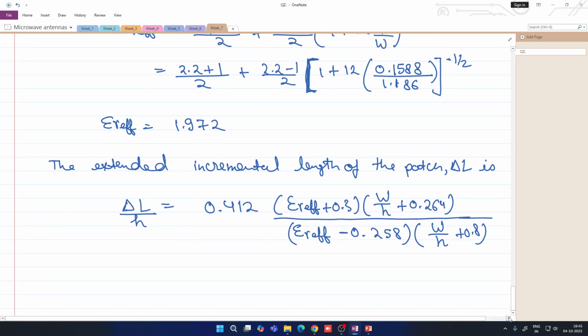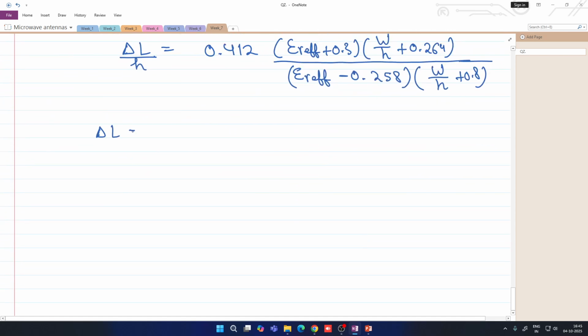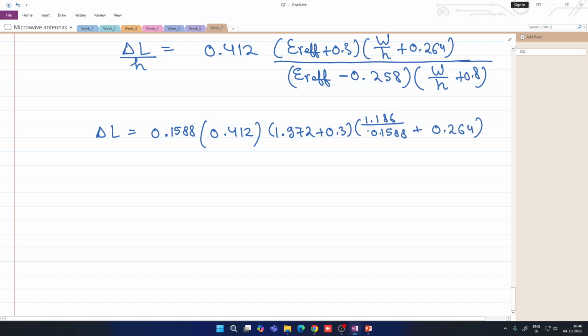When you substitute the values, we take h to the right hand side: delta L is 0.1588 into 0.412, epsilon r effective is 1.972 plus 0.3 into w by h, w is 1.186, h is 0.1588, plus 0.264, this divided by 1.972 minus 0.258 into 1.186 divided by 0.1588 plus 0.8.